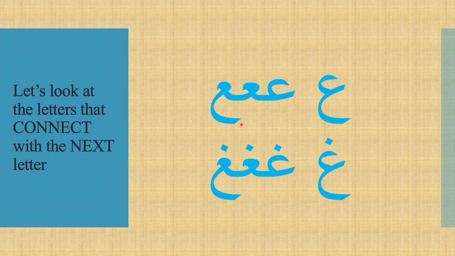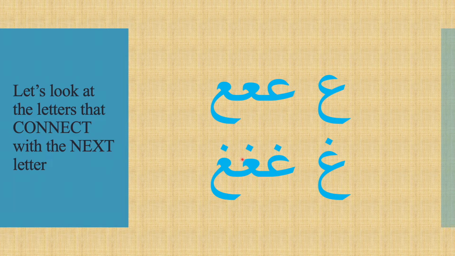If the preceding letter is not a connector, then it will take this shape in final position. Same thing with ghain. You have the little C, then the big C, except that ghain has a dot on top. In initial position, you have the little C, with the dot, of course, because this is ghain and not ain.